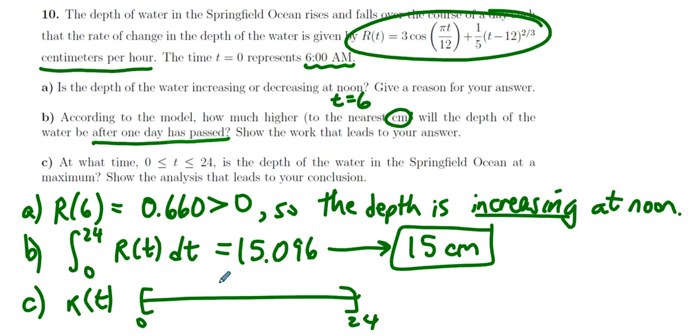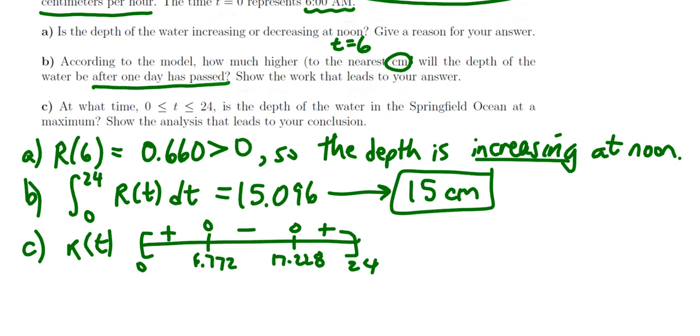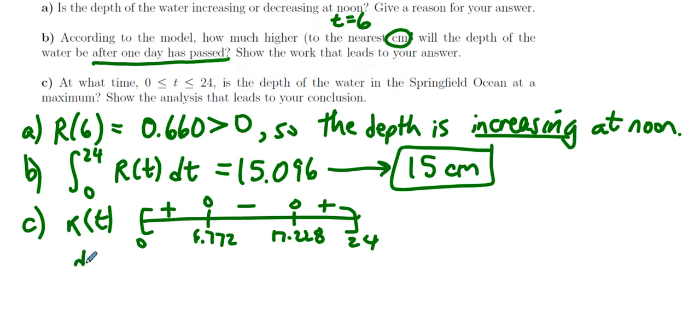Over 24 hours, there's 6.772 and 17.228, and it's positive, 0, negative, 0, positive, which means that the depth goes from increasing to decreasing to increasing.